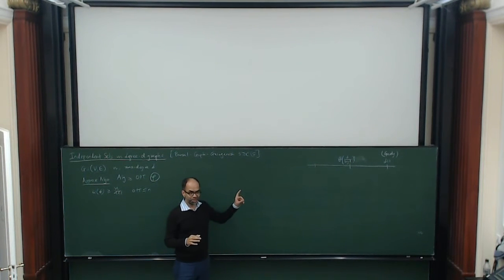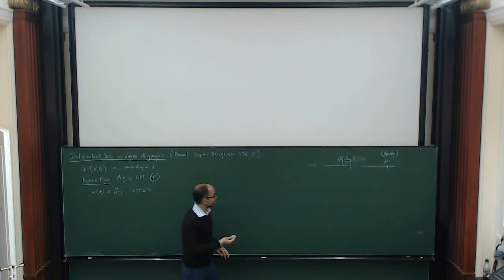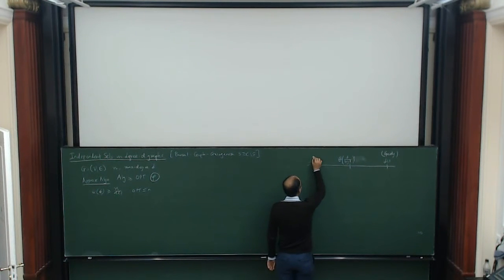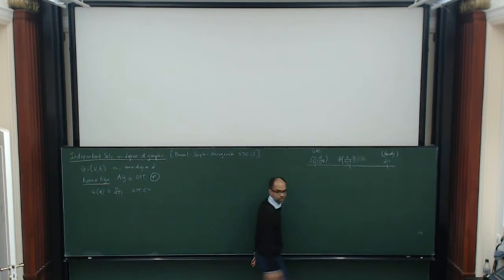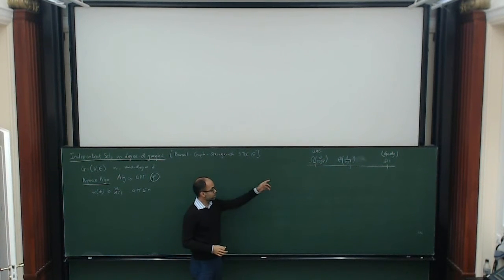So I'm ignoring log factors. There'll be a couple of times when I'll have to write a log, but you'll forgive me for that. There's a lower bound of D over log squared D, and this is assuming the unique games conjecture. So assuming the unique games conjecture, we won't do anything better than this.